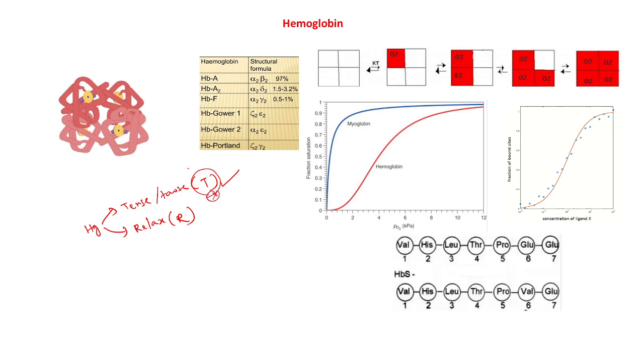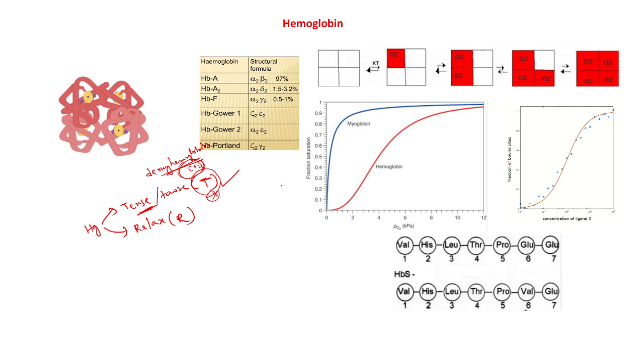That means here the carbon dioxide is found and it forms the deoxyhemoglobin. So one is the oxyhemoglobin, one is the deoxyhemoglobin. Deoxyhemoglobin means carbon dioxide is already bound to the tense structure, so it is very tense for the oxygen.